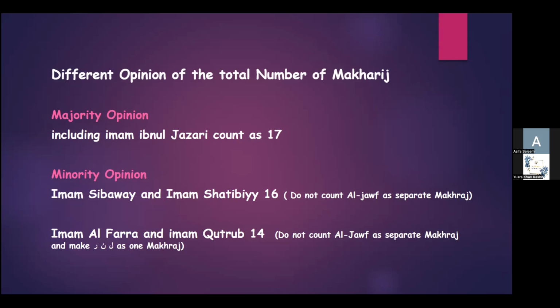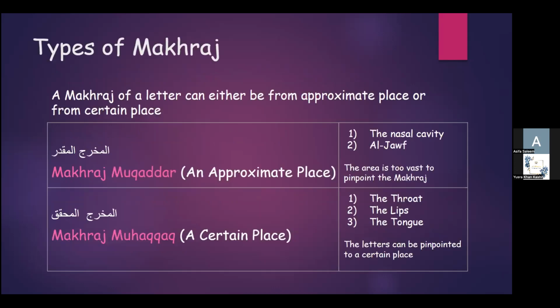They were grammarians, experts in the Arabic language, and hold these different opinions. We will go by the majority opinion, which includes the opinion of Imam Ibn al-Jazari, and will consider the total makharij of the letters as 17, inshallah ta'ala.